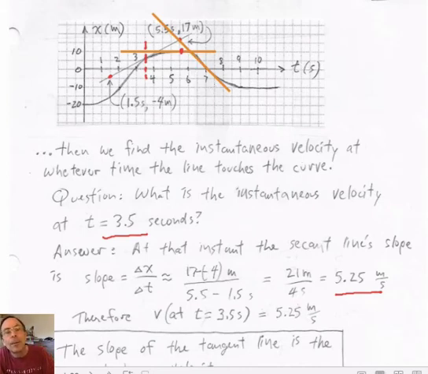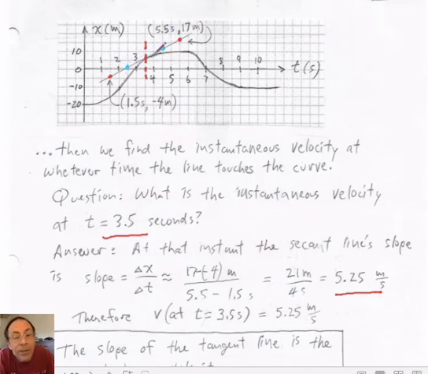Now, when you're figuring out these slopes, it doesn't really matter what 2 points you pick. So, for example, for the first tangent line, I could have picked, here I'll use a different color, this point here and maybe this point here.